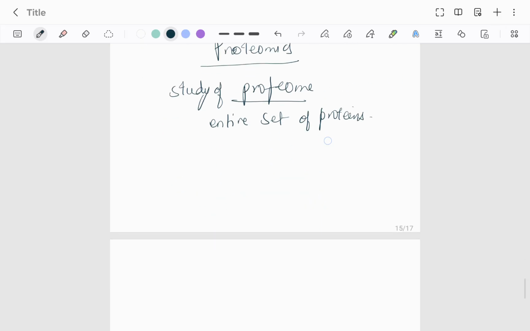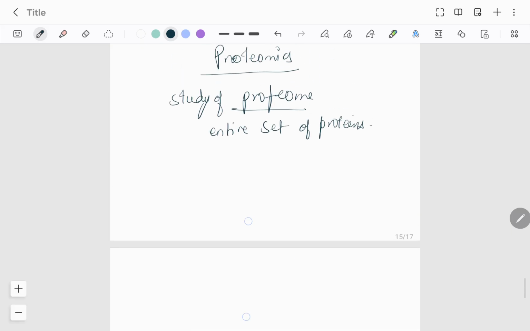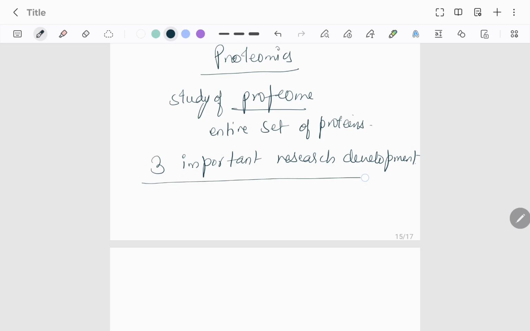Clear? Now you know it is 2026, right? The era has changed. Different technologies have come which have made the study of different things very easy as compared to earlier. Okay, so we will see three important research developments that have made these genomics and proteomics approaches possible, right?